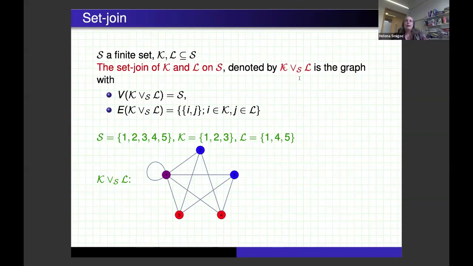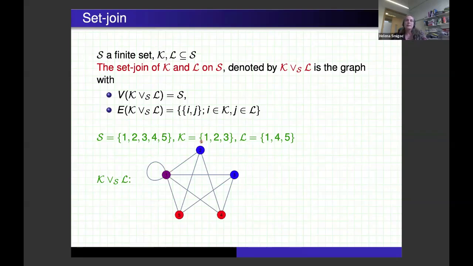The set join of K and L is therefore a graph where we have an edge ij if i is in K and j is in L. So for all the edges, we have one vertex in K and one vertex in L. This is very similar to complete bipartite graphs, except that a vertex in both sets, K and L, is connected to all the other vertices, including itself.